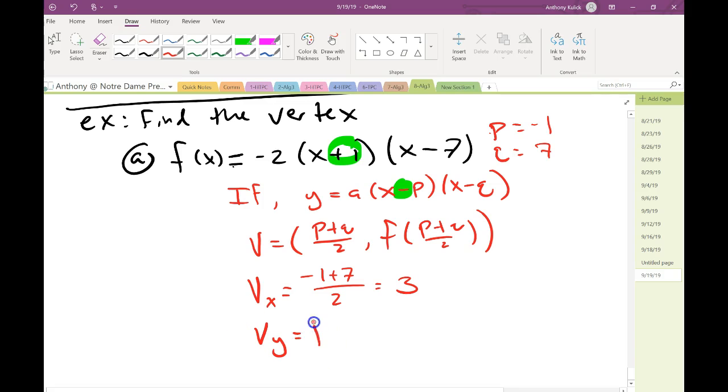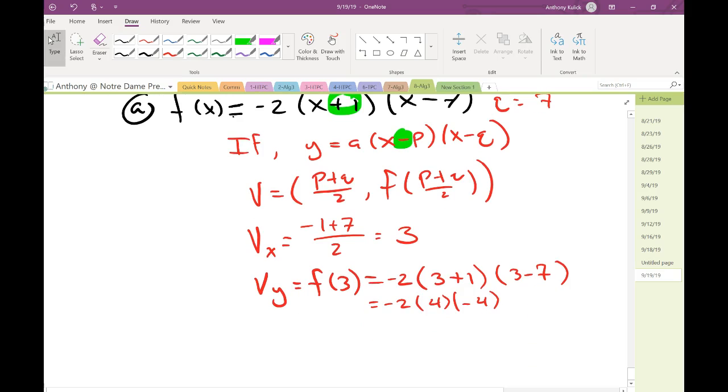To find the y-coordinate, I'm going to do f of 3, which means I'm going to do negative 2 times 3 plus 1 times 3 minus 7. The order of operations says I should do stuff inside the parentheses first. 3 plus 1 is 4, and then 3 minus 7 is negative 4.